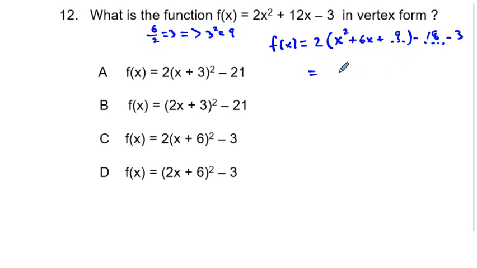And so what we're going to get for this is 2 times quantity x plus 3 squared, and then on the outside negative 18 minus 3, so minus 21. So that's going to be our answer. Let's see, which one is this one? That's going to be answer choice A.